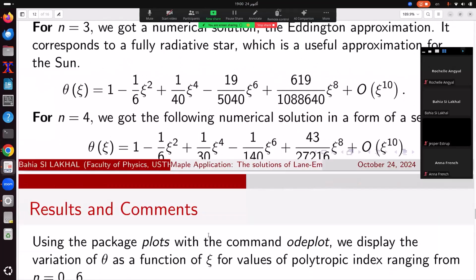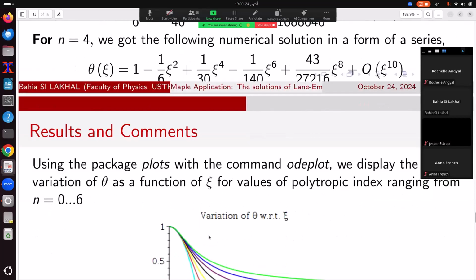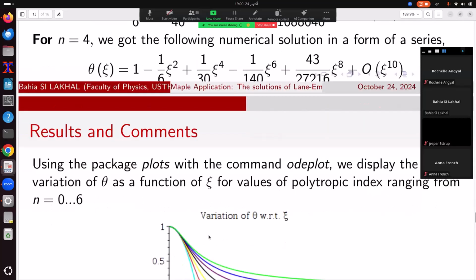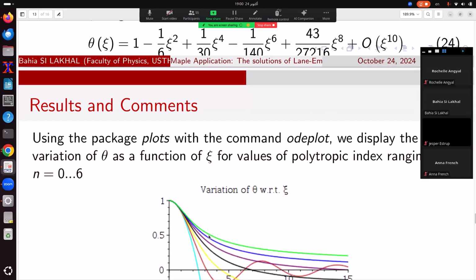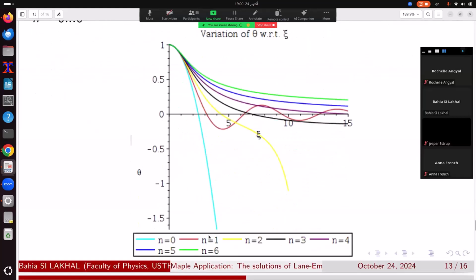So using the package plots with the command display, I displayed here the variation of theta as a function of xi for the polytropic indices n equals 0, 1, 2, 3, 4, 5, and 6.